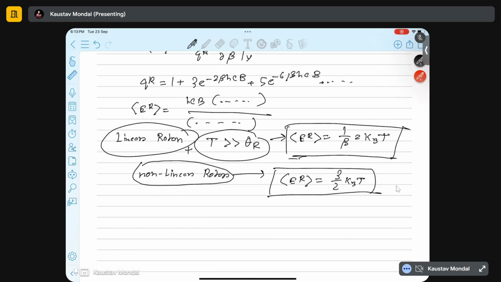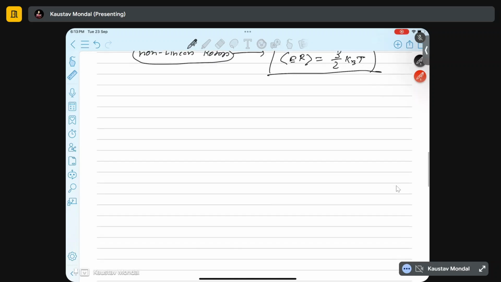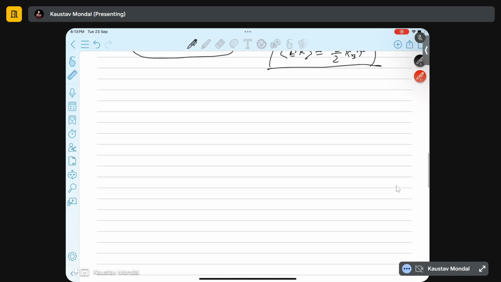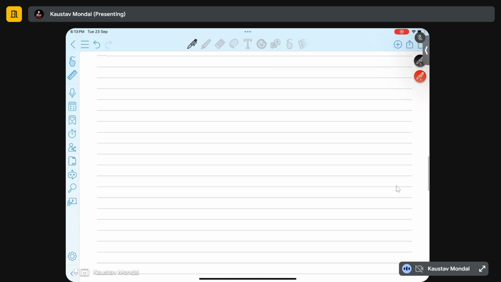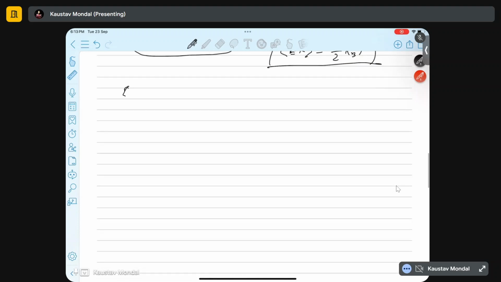Now last comes, not the last actually, the vibrational energy. So for the vibrational contribution, we write the E_V. The vibrational contribution is similarly 1 by q_V into del q_V by del beta at constant volume. Now here q_V is 1 by 1 minus e to the power minus beta hc nu tilde. Nu tilde is basically the wave number associated with the modes of vibration, right?